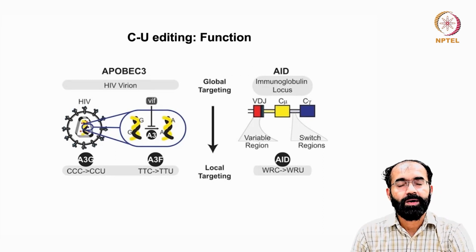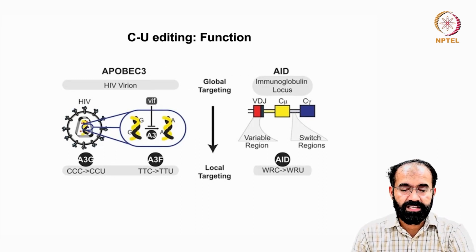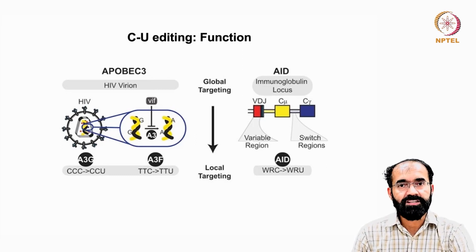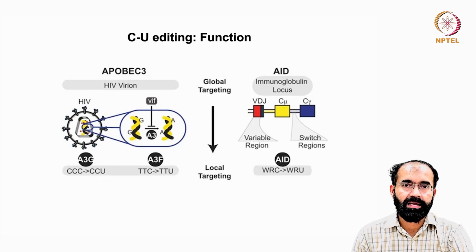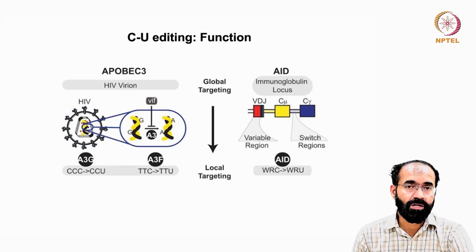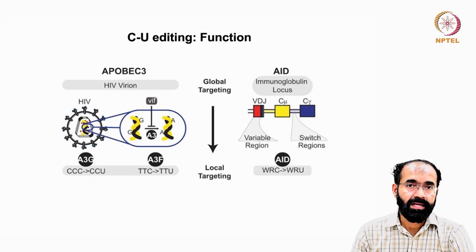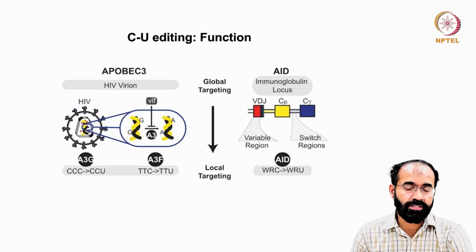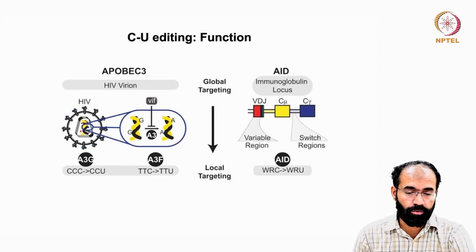So take one example such as HIV virus, which causes AIDS, and this HIV, once it enters the cell, and we call it the HIV virion, because the HIV virion is the one which is capable of coming out of the cell as a fully infective particle. So it can stay in a dormant state also.